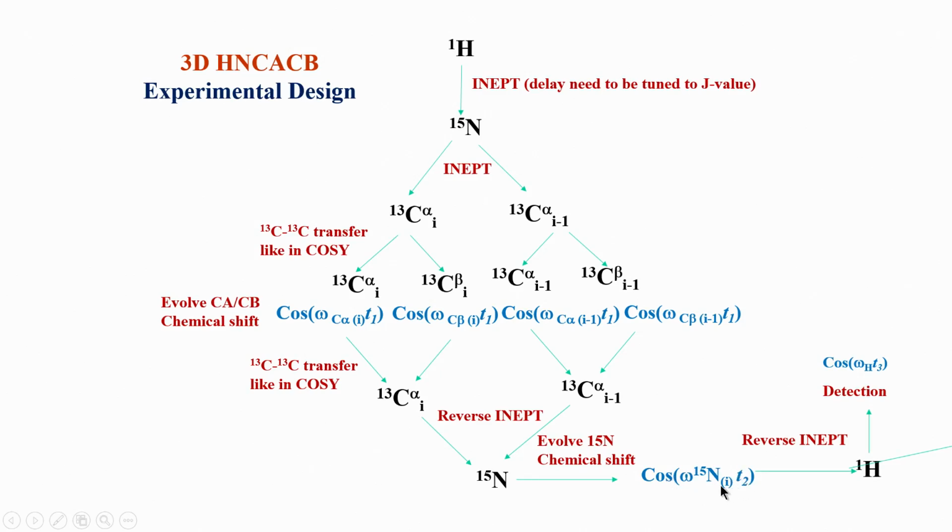Remember, we are considering an amino acid I. So this is I, this is I. From I we are splitting into I and I minus 1, and from I minus 1 we are coming back to I. So this is again residue I. Then from nitrogen we use another reverse INEPT and come to proton, by the simple INEPT concept, and that is what is finally detected in the 3D. This is the final detection period, and there we capture the proton chemical shift.